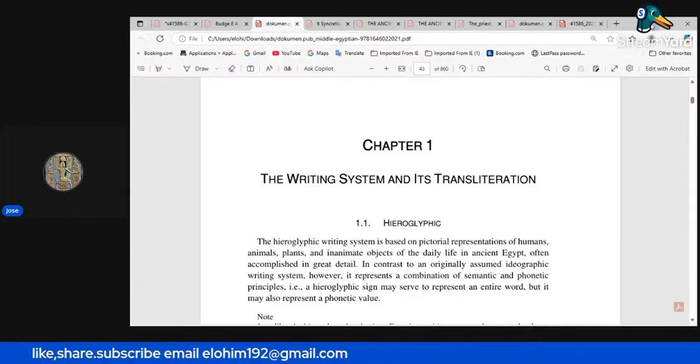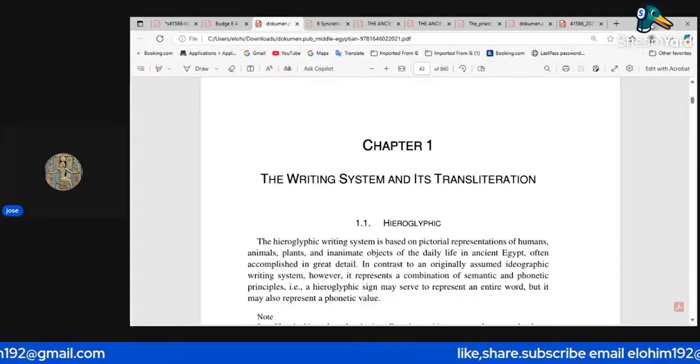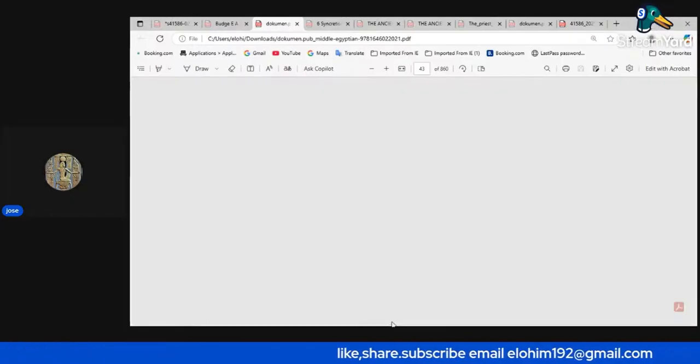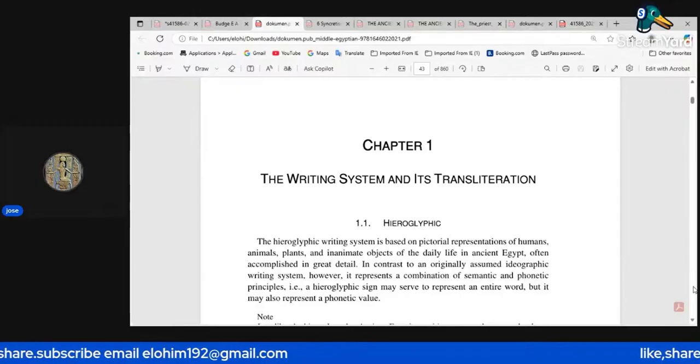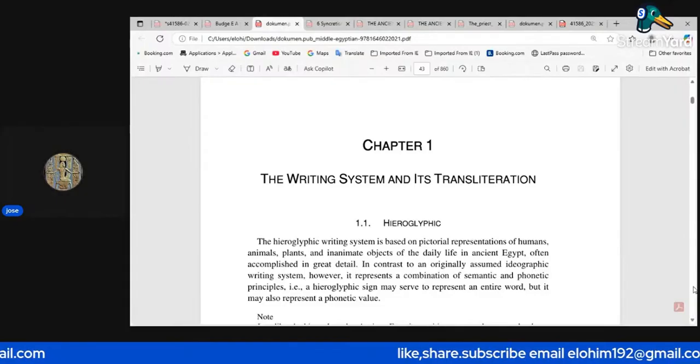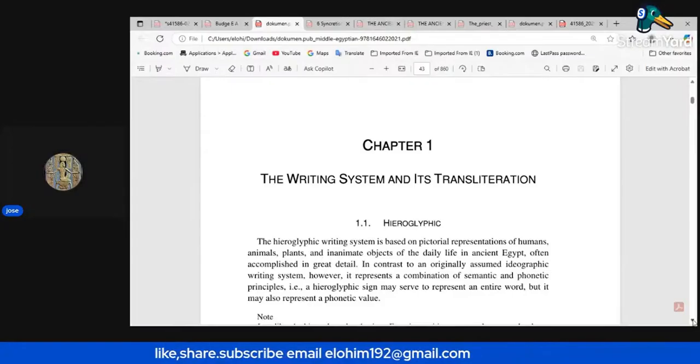So my bad, I was wrong. To make a long story short, it's a pronunciation guide. They take it from one alphabet to another to help you pronounce the words.